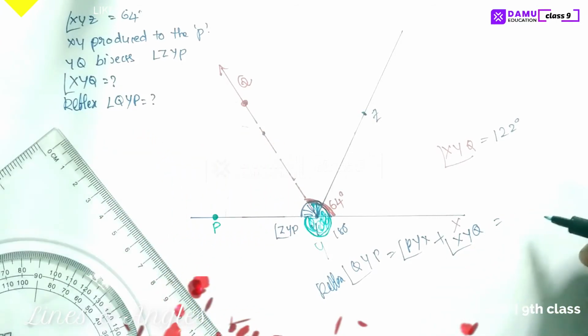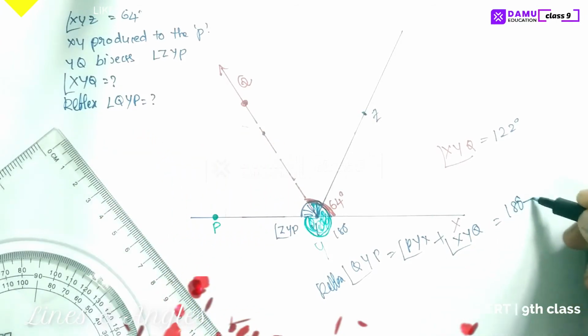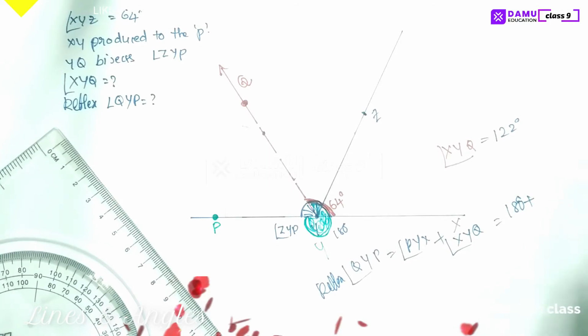So 180 degrees plus QYX, which is 122 degrees. So 180 plus 122, what will you get here? 302 degrees.